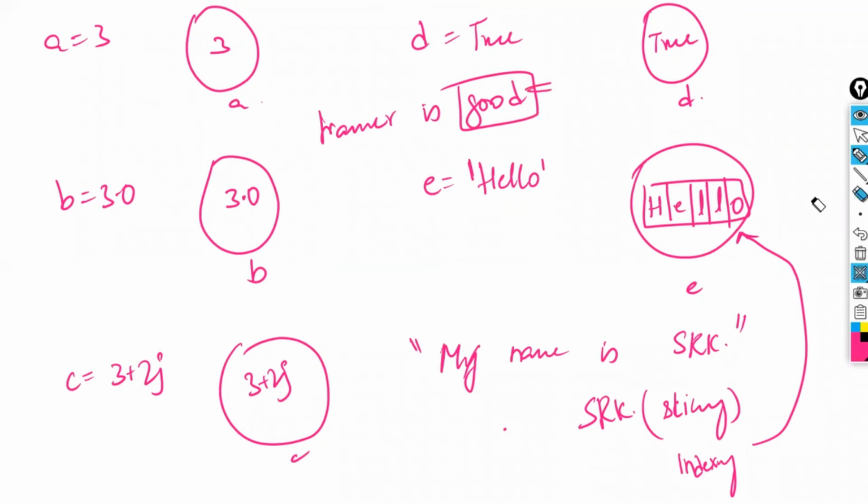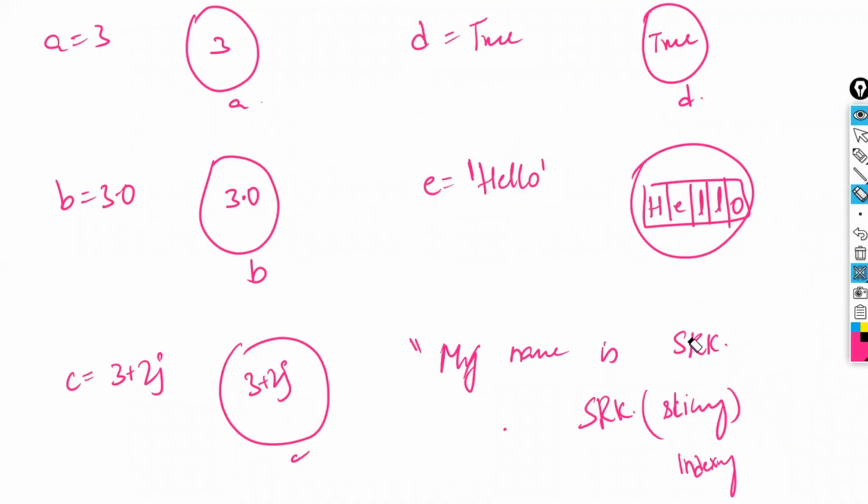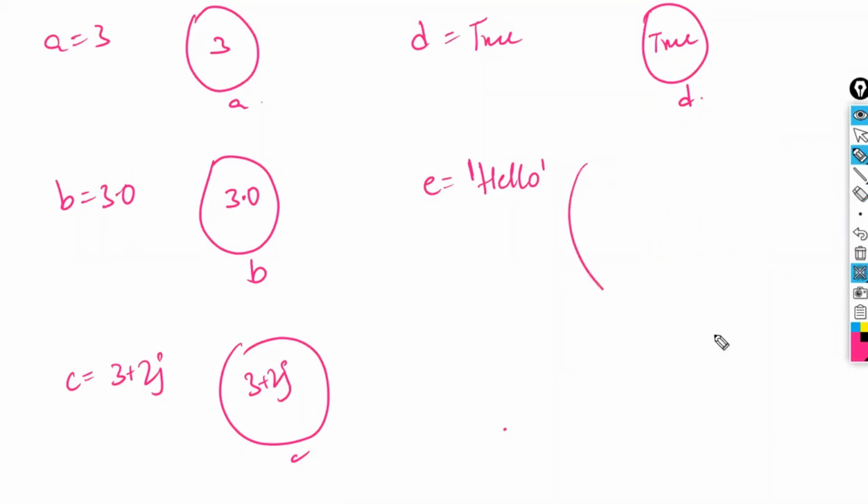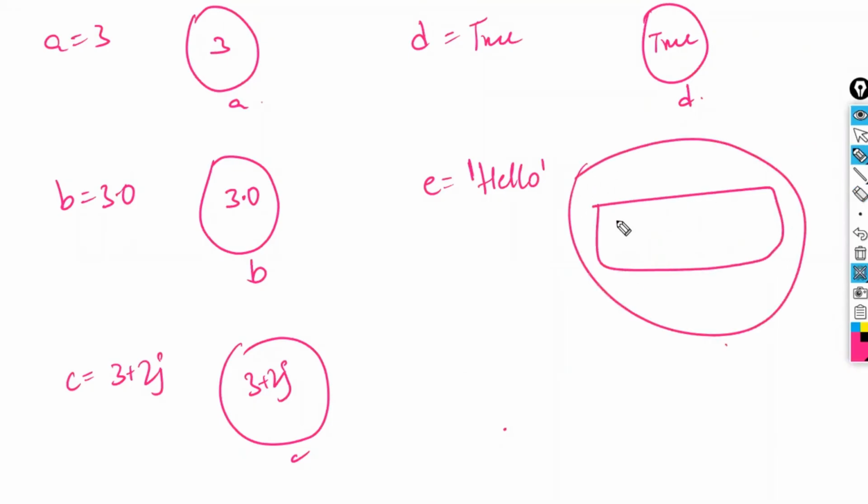So in order to do the slicing operation, they created the concept called indexing. For indexing, they created an object like this. The string objects are created in this way. It creates a box where HELLO is stored, and they have kept an indexing of 0, 1, 2, 3, 4. They created the numbers.